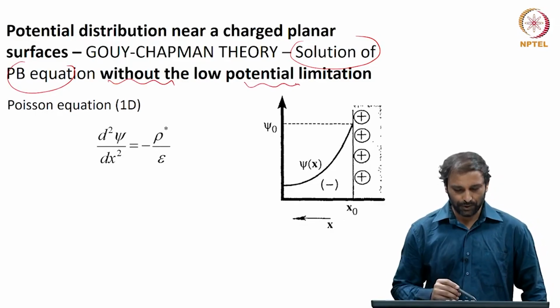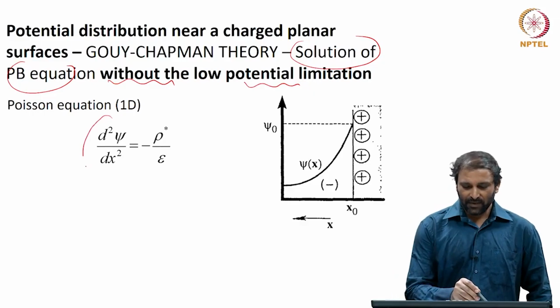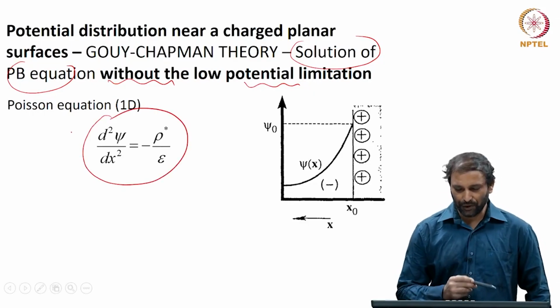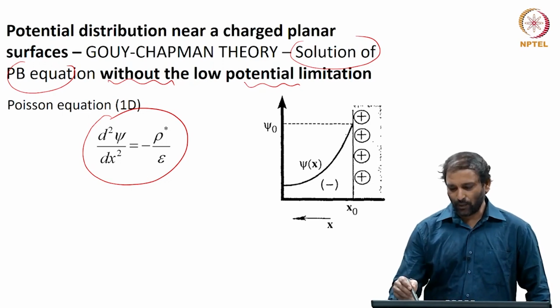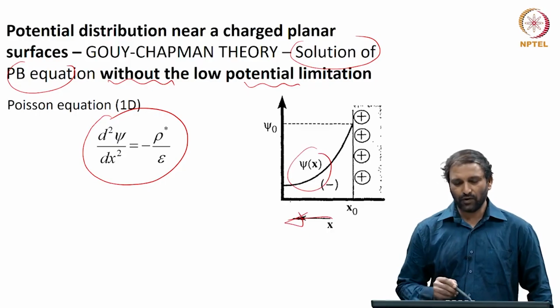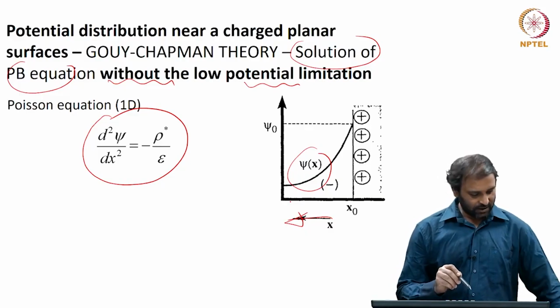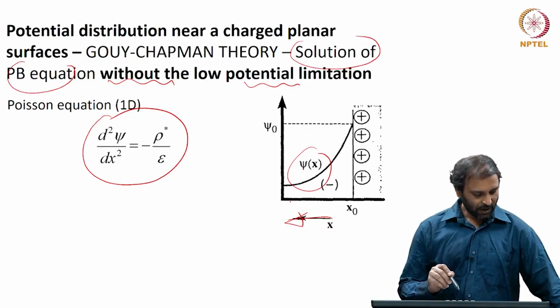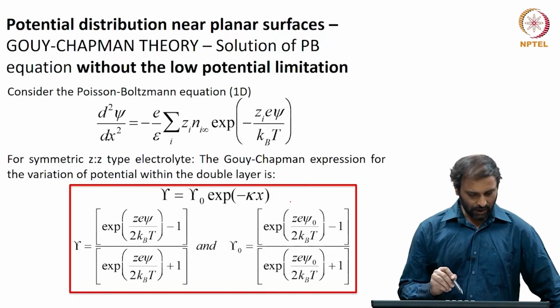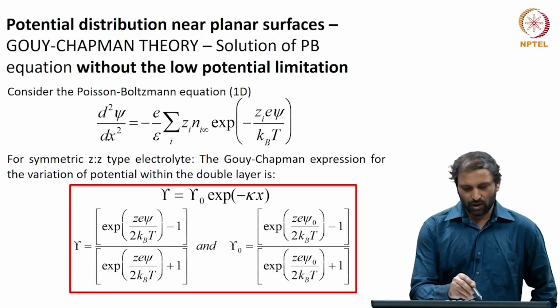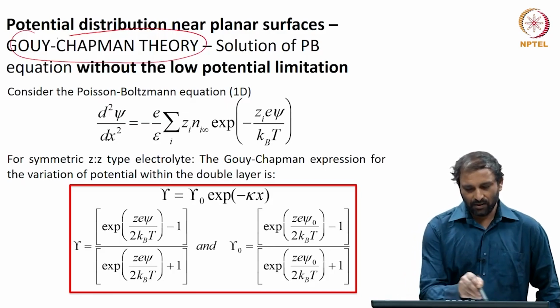Again, the starting expression is going to be the one dimensional Poisson-Boltzmann equation, because we are assuming that psi is a function of x alone, and the solution for this particular case is given by what is called the Gouy Chapman theory.